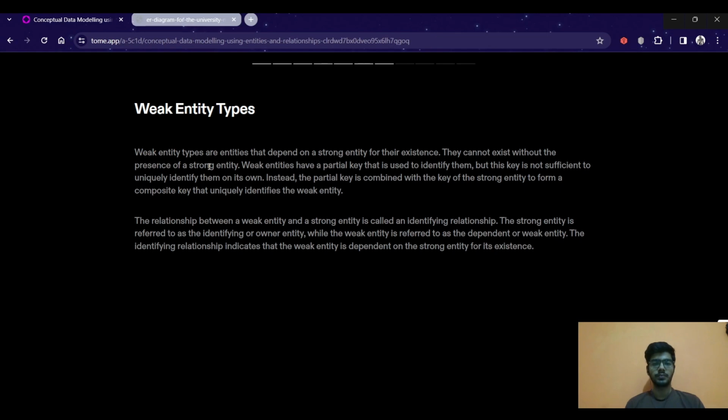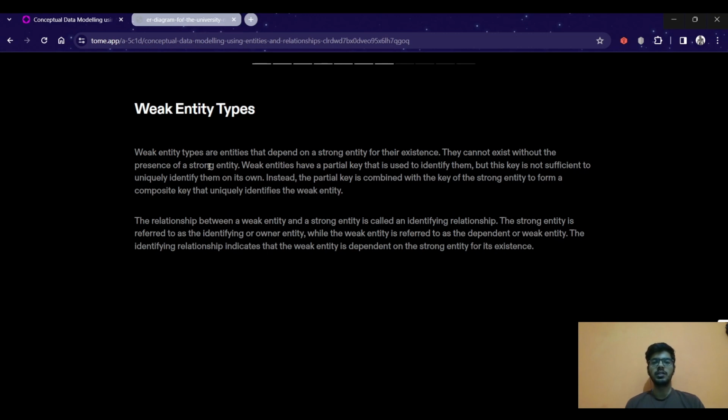Weak entity types. Weak entity types are entities that depend on a strong entity for their existence. They cannot exist without the presence of a strong entity. A weak entity has a partial key that is used to identify it, but this key is not sufficient to uniquely identify it on its own.